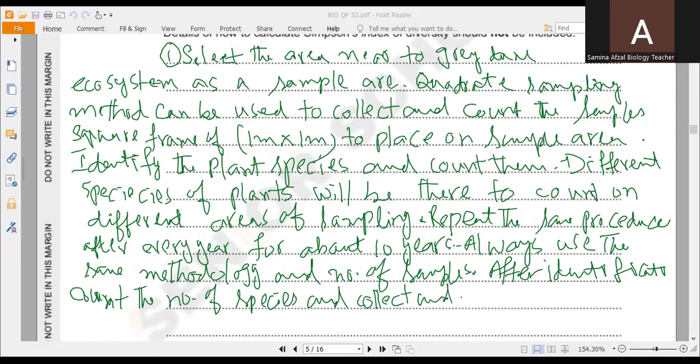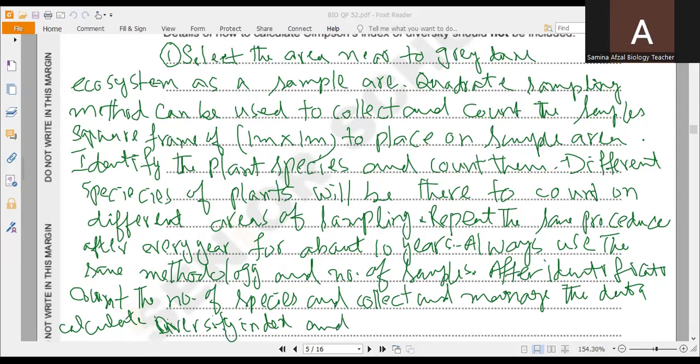Collect and manage the data, and then calculate the diversity index and compare the calculated diversity.